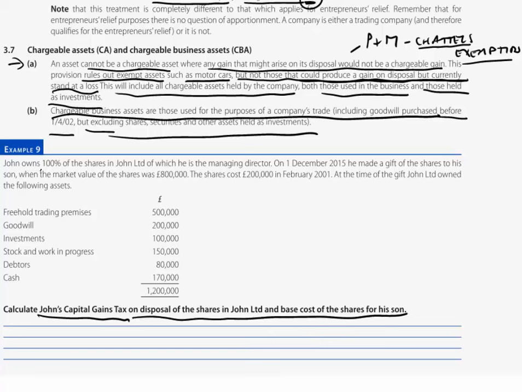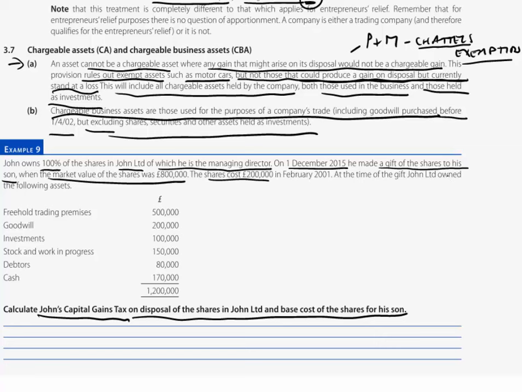John owns 100% of the shares in John Limited, of which he is the managing director, so he's an employee. On the 1st December 15, he made a gift of the shares to his son when the market value of those shares was £800,000. The shares had cost £200,000 back in February 2001. At the time of the gift, John Limited owned the following assets.